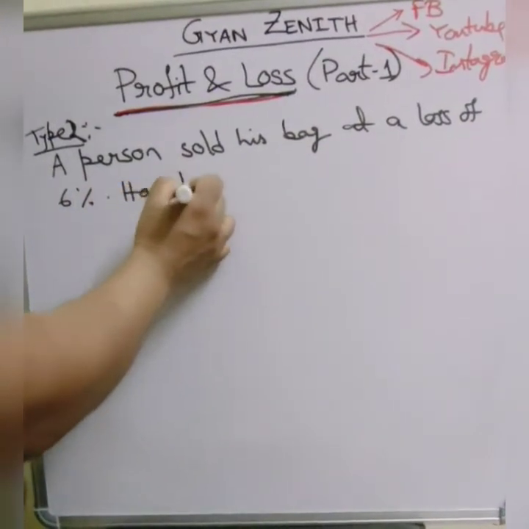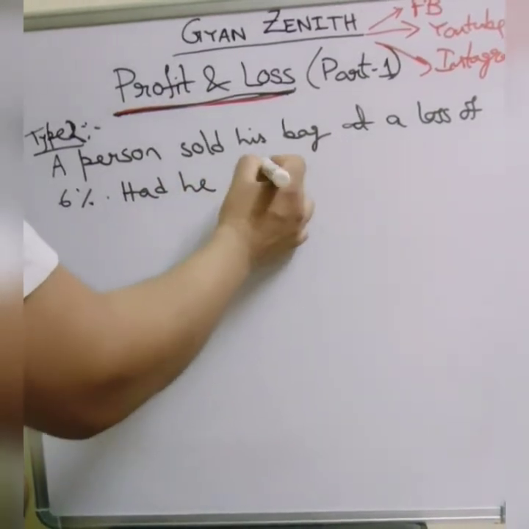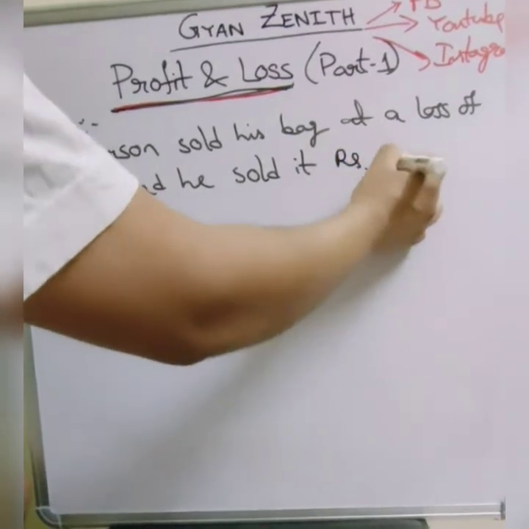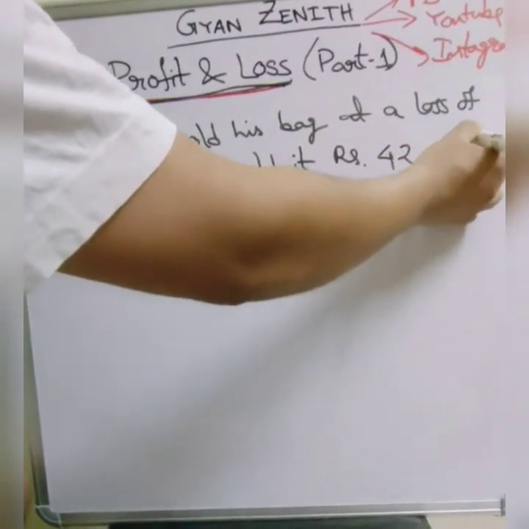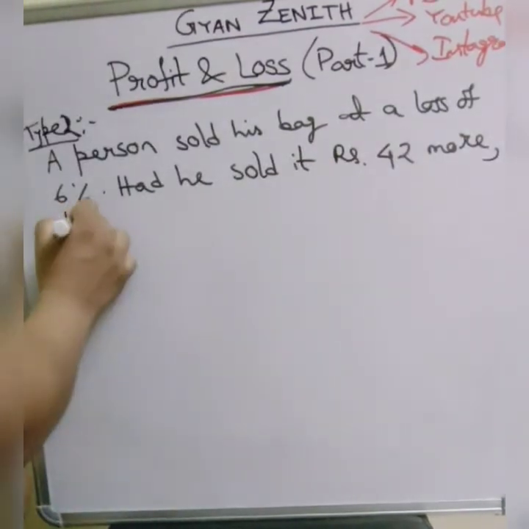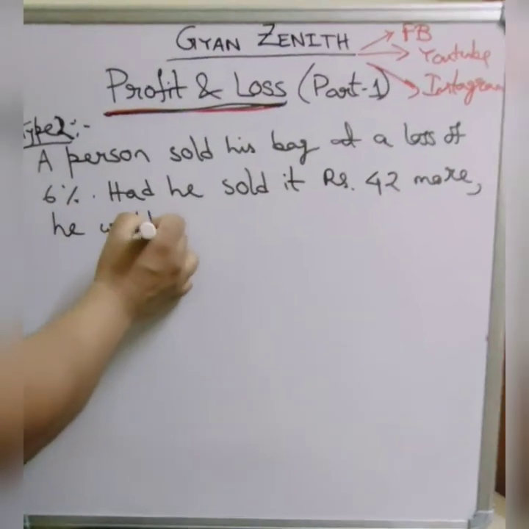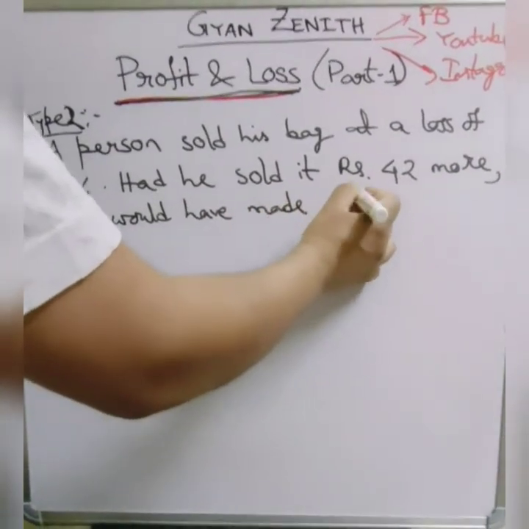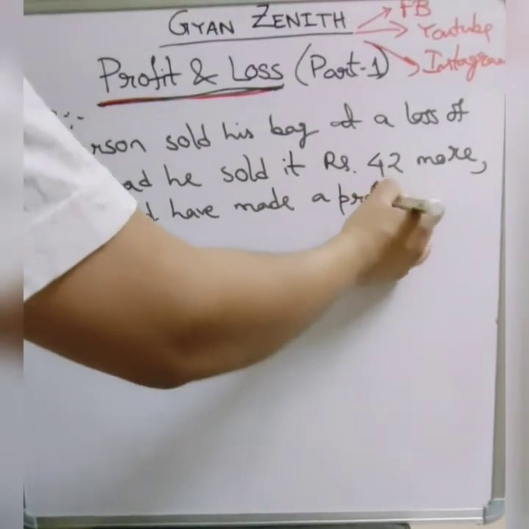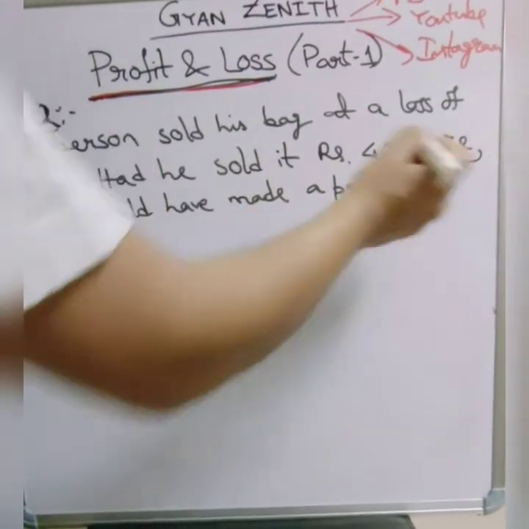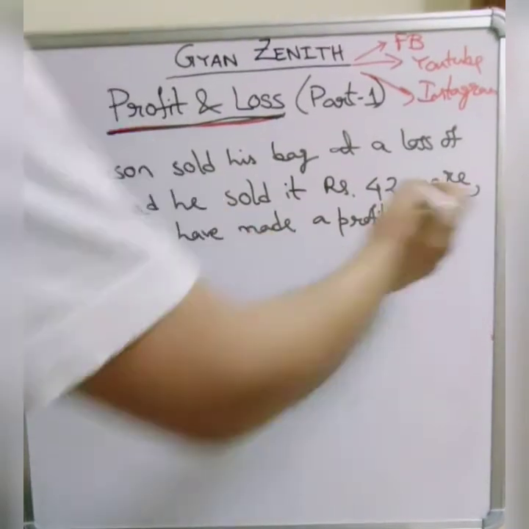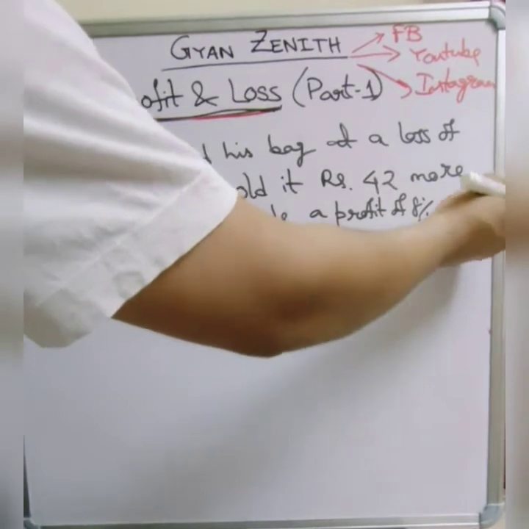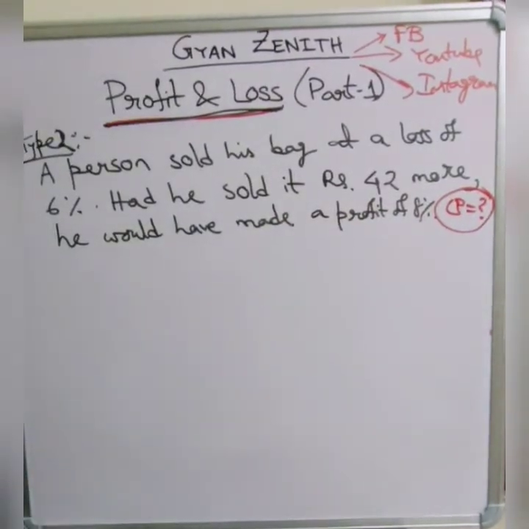Had he sold it for rupees 42 more, he would have made a profit of 8%. So what is the CP that we have to find out? So CP of the bag is how much? That is the question.